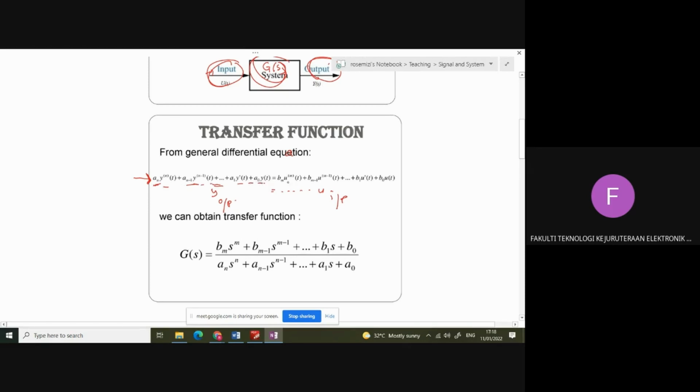Look here, all the Y terms, and for this part U. U is the input, output is Y.